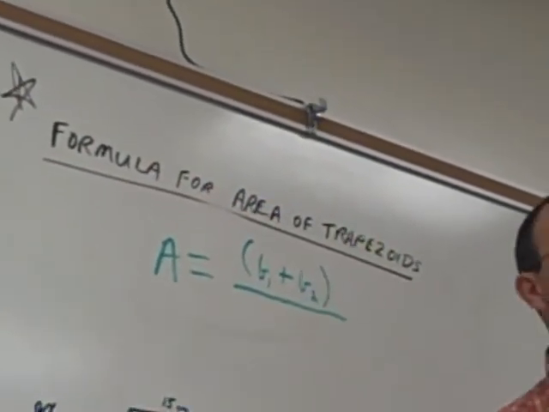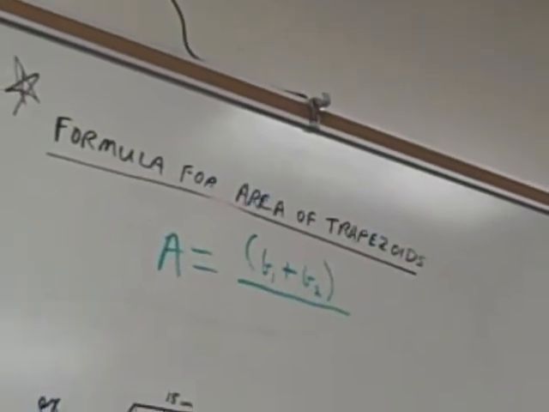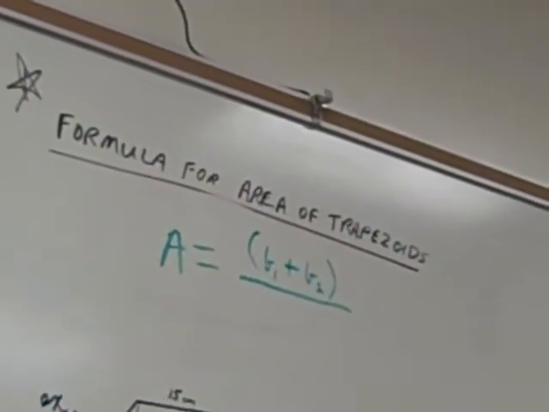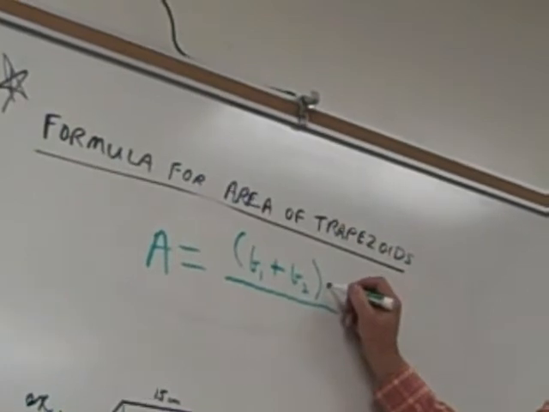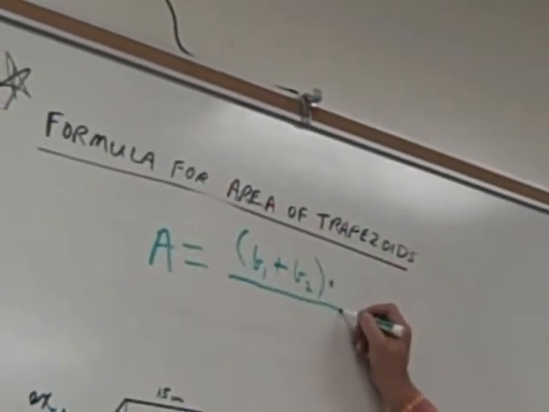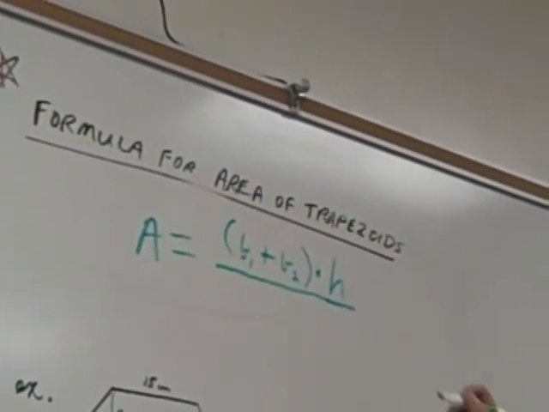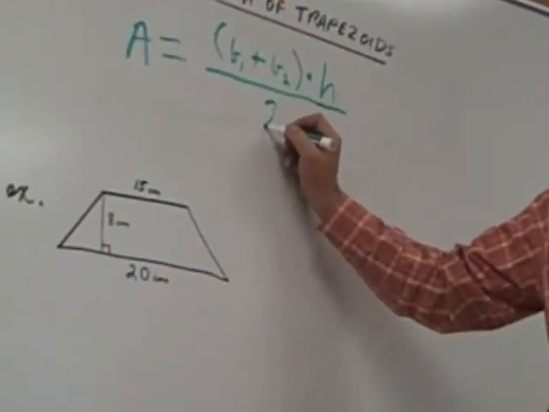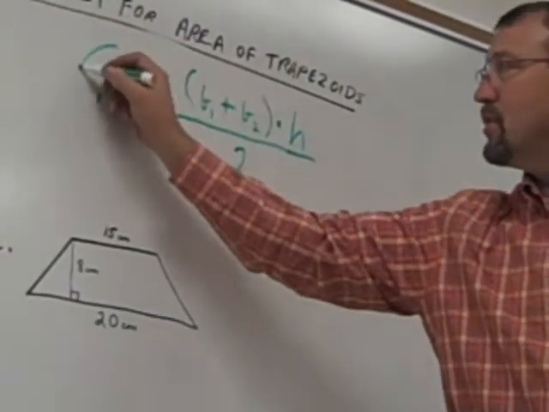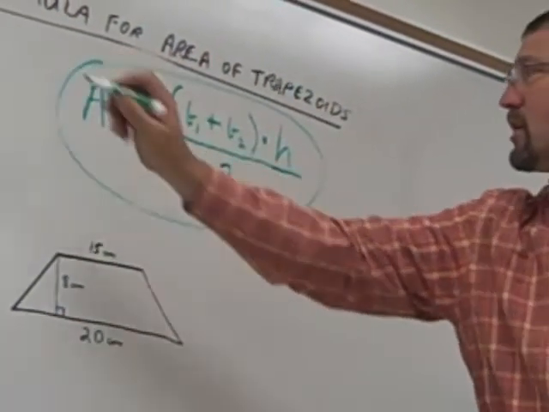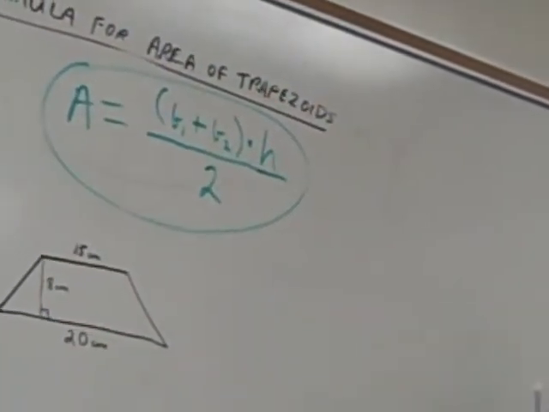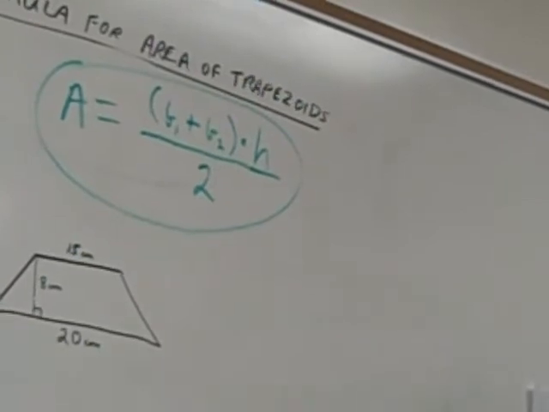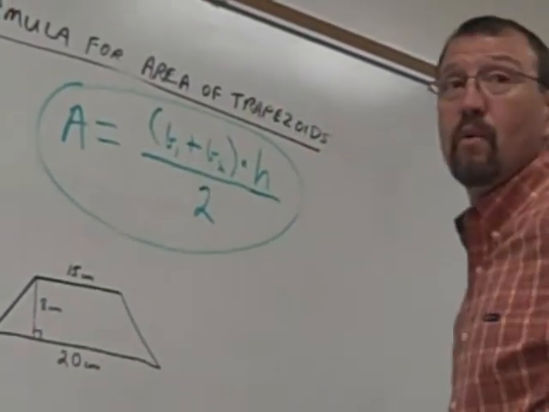We have to add the two together. Times, close parentheses, times height, over 2, or divide by 2. Now I'm circling that so when I look in my notes, that will jump out at me for area of trapezoid. Ooh, this must be what we use.